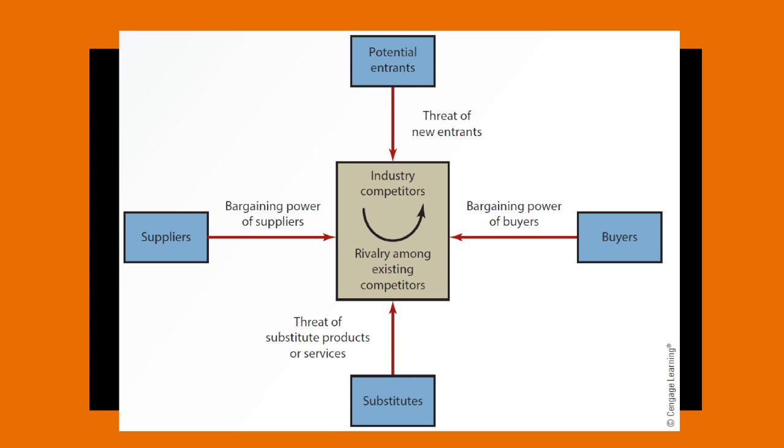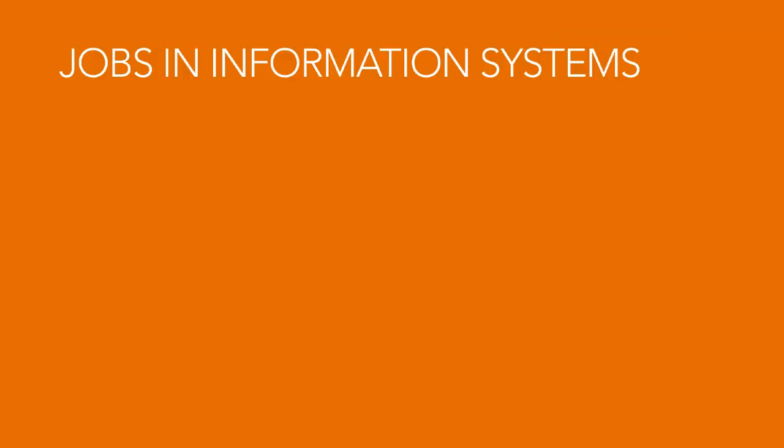We looked at the different strategies that Michael Porter put before us. And we've also looked at the 5 forces that information systems have to deal with. Well, now we're just going to briefly look at the different jobs that are in information technology, in information systems. And some of these you're going to be very familiar with. Some of these will probably be very new.